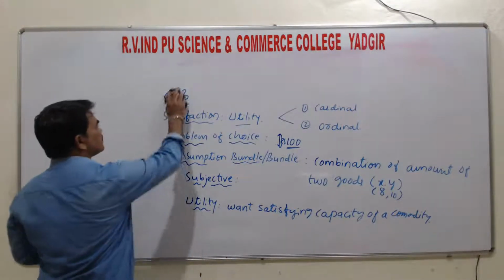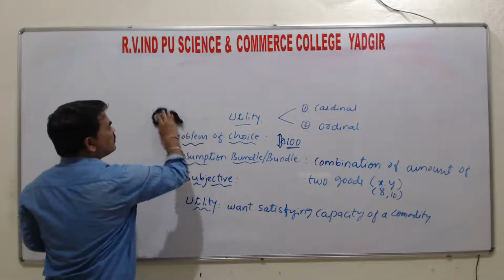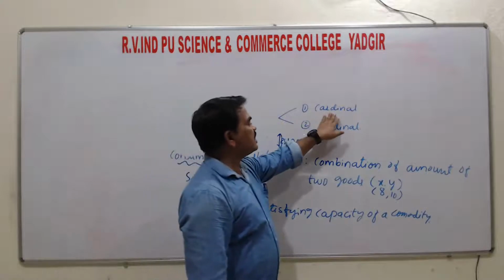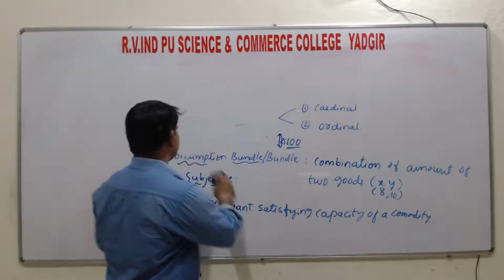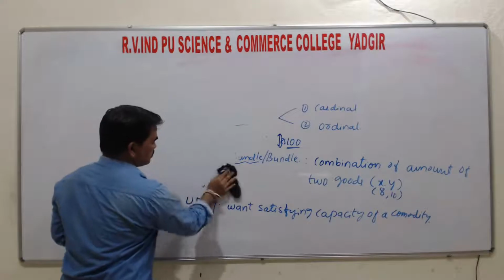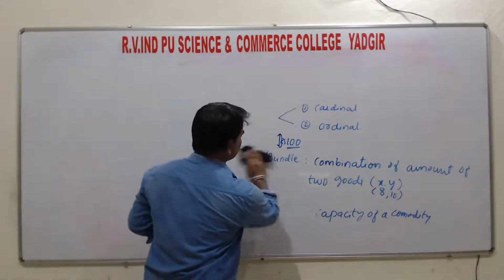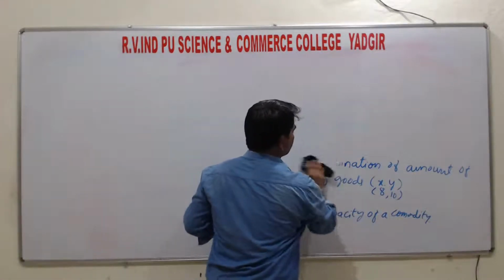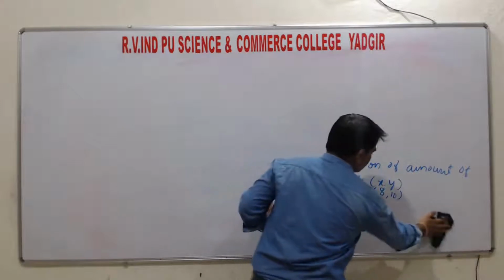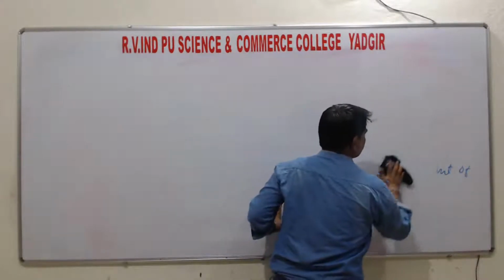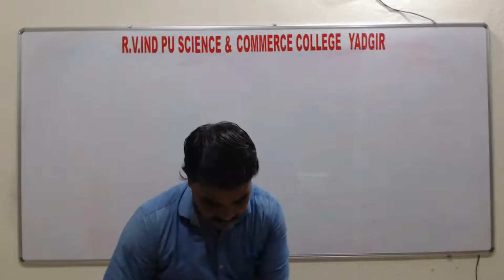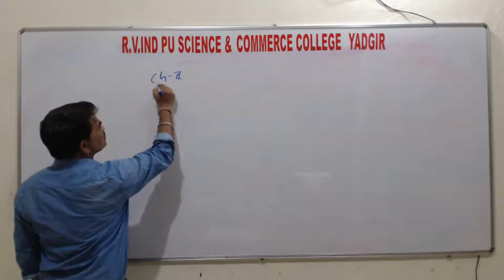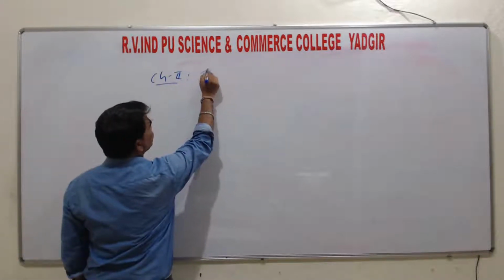That we discussed in the previous class, and in today's class we will try to understand in more detail what the cardinal approach is and what the ordinal approach is. So we are in the second chapter, that is theory of consumer behavior.